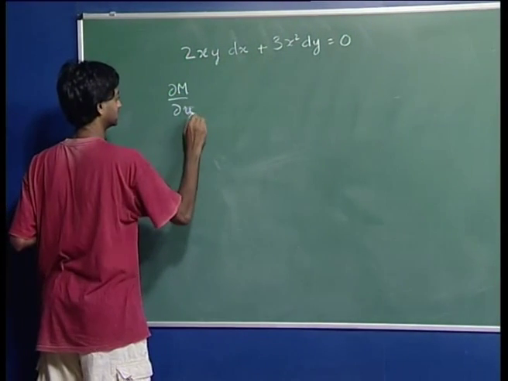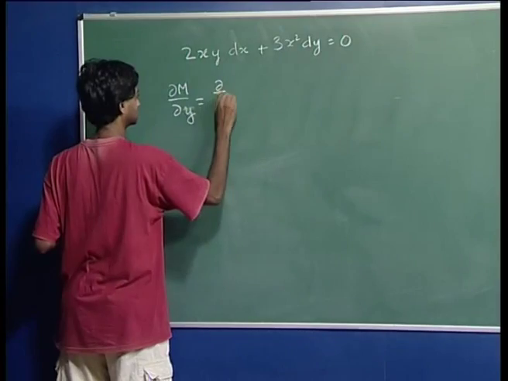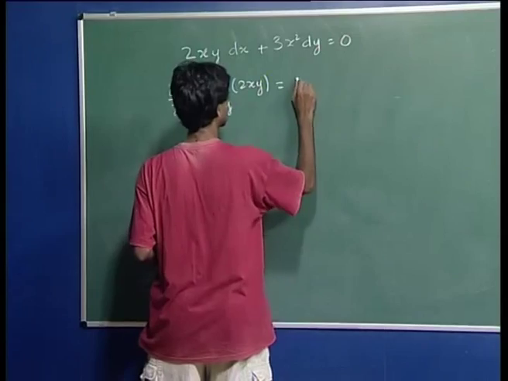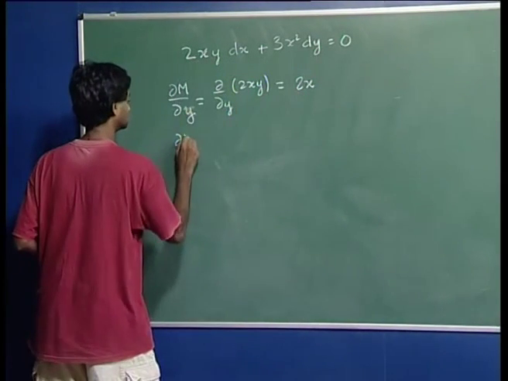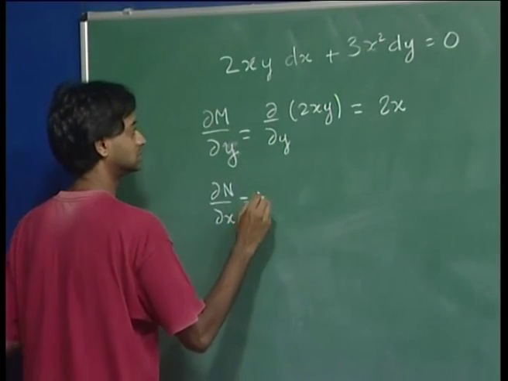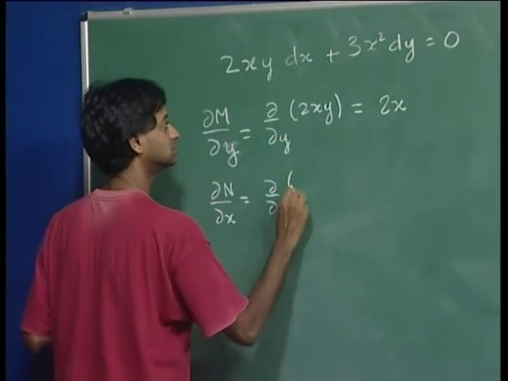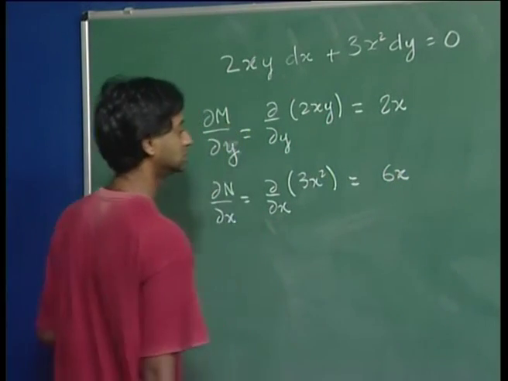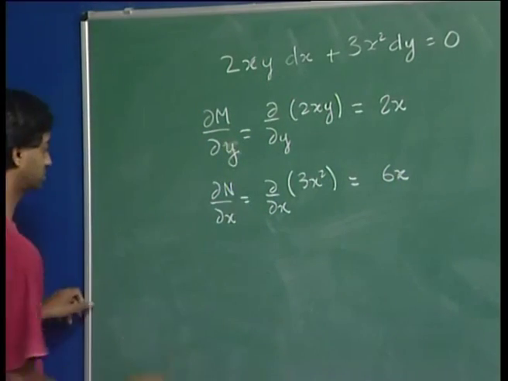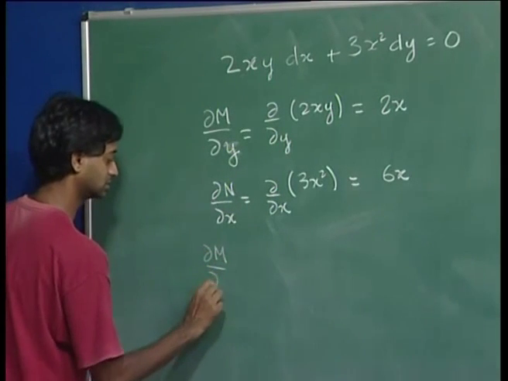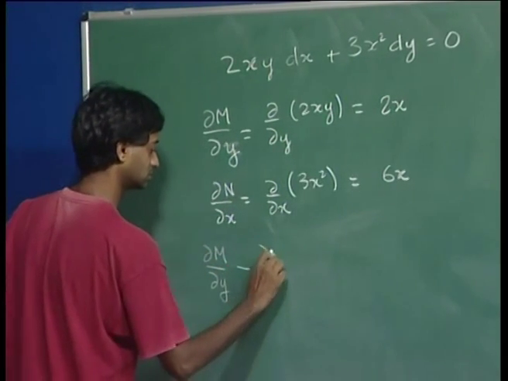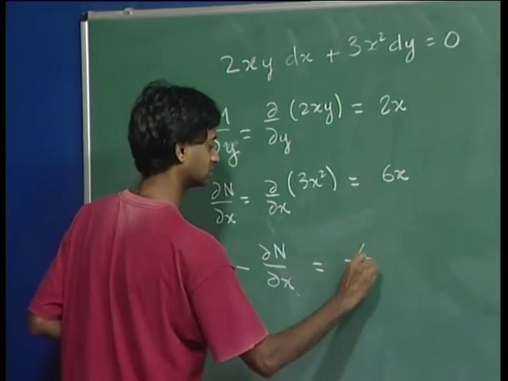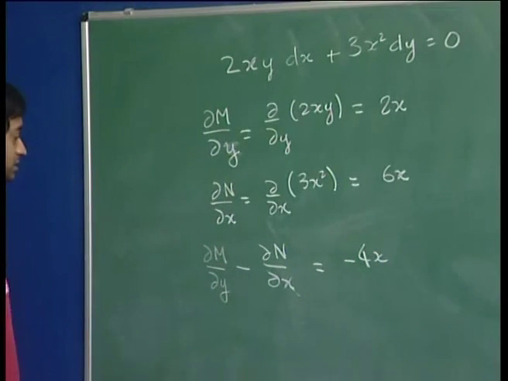Okay, so what we will do is dou m by dou y is d by dy of this, which is equal to 2x. So you say that dou m by dou y minus dou n by dou x is this quantity.